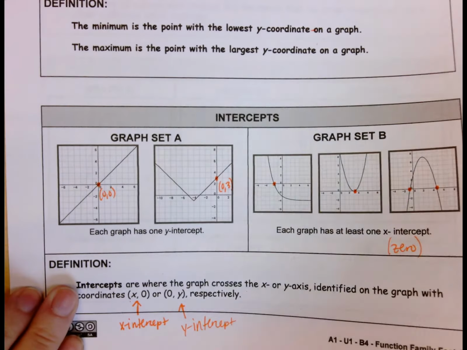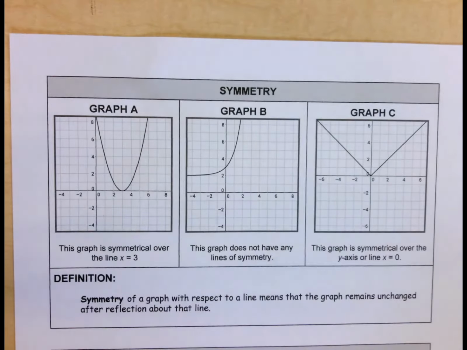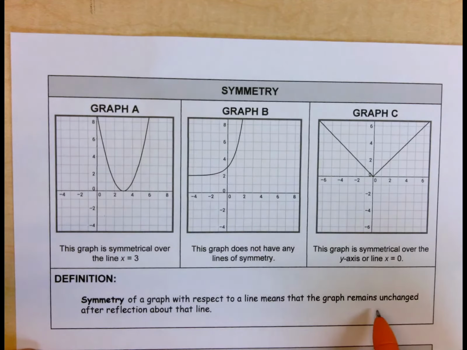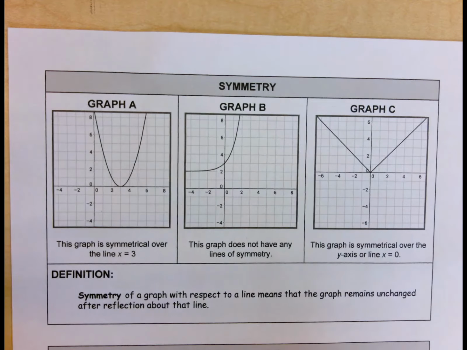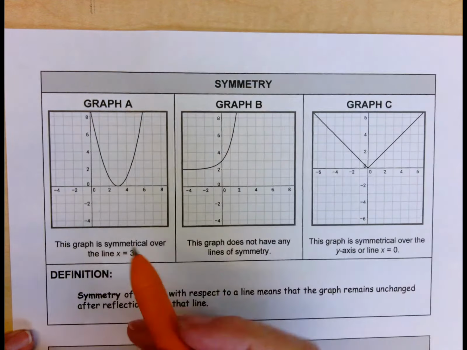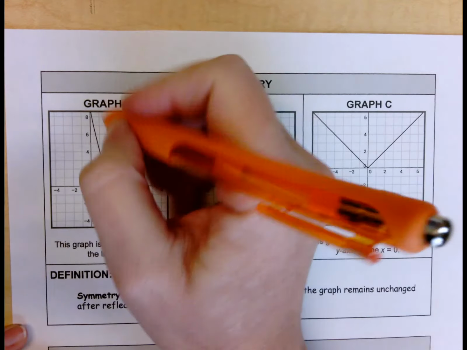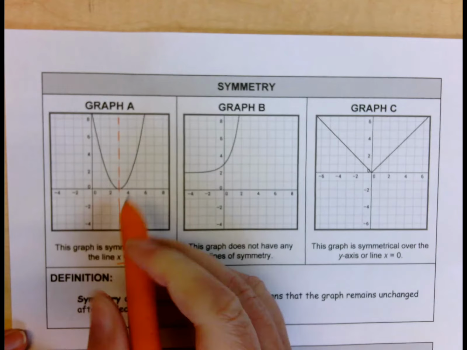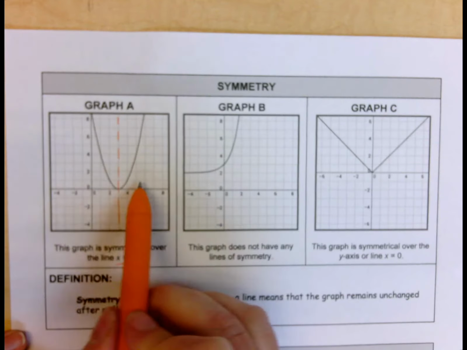Some more vocabulary that we have is going to be symmetry. Okay, and symmetry is something that you would have learned about earlier. It just means that the graph remains unchanged after reflection about a line, whether it's a vertical line or a horizontal line, just depends. And so here, this graph, if we were to draw a line at x equals 3, it would be symmetrical on the left and the right side.